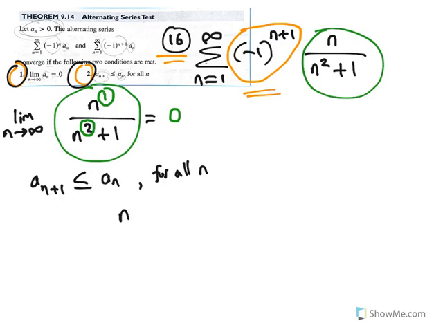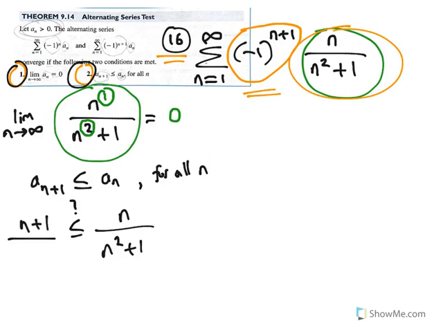A sub n is n over n squared plus 1. A sub n plus 1 would be n plus 1 over n plus 1 squared plus 1.